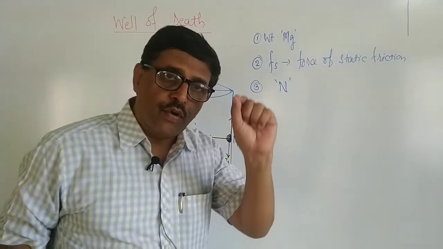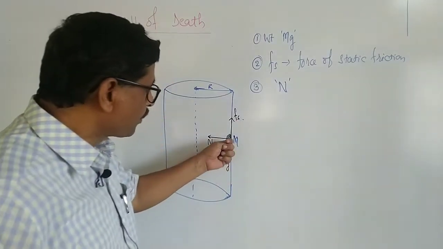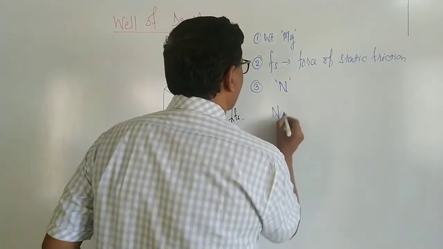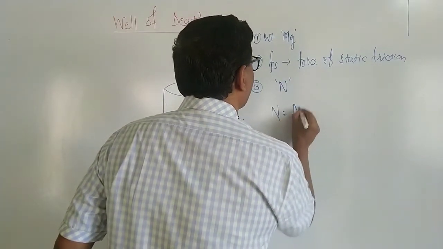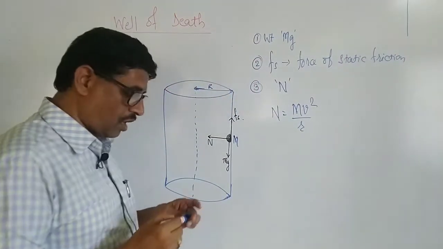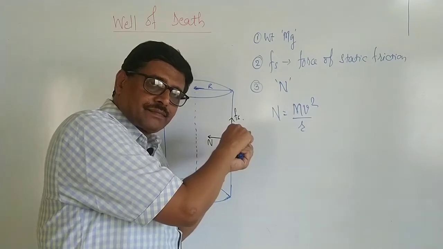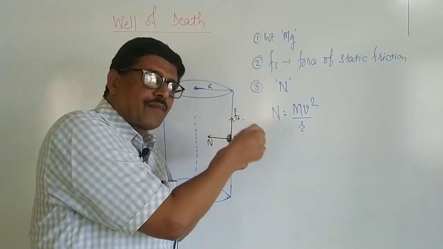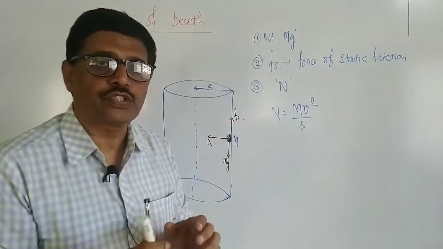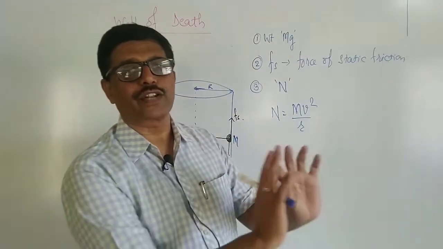N is the only horizontal force in this system which is towards the center of the circle, and this N provides the required centripetal force. Or, in the frame of reference of the moving body, this normal reaction balances the centrifugal force acting on it.